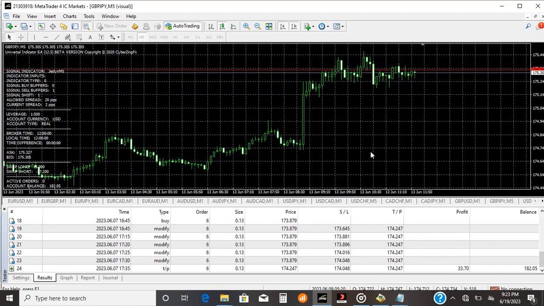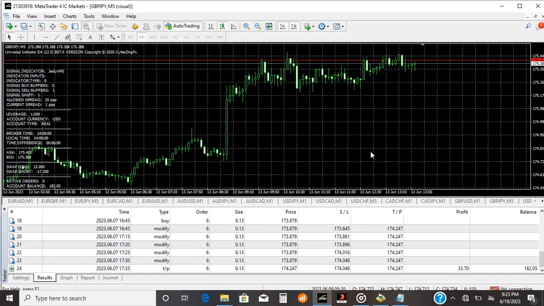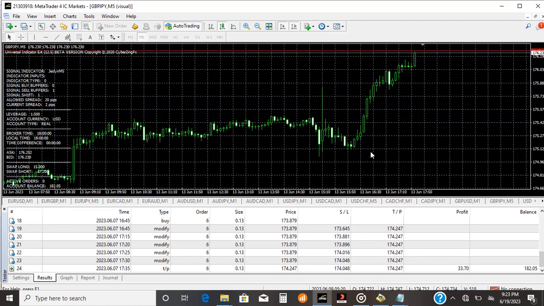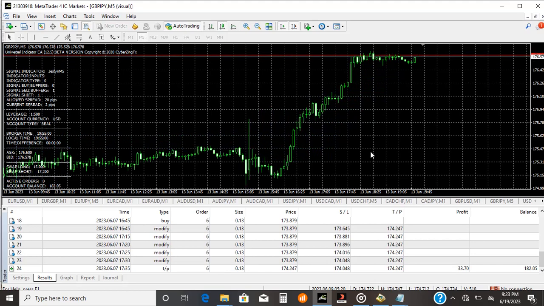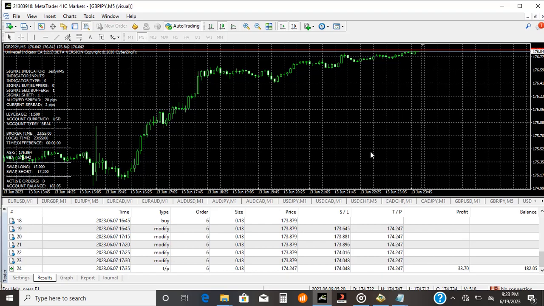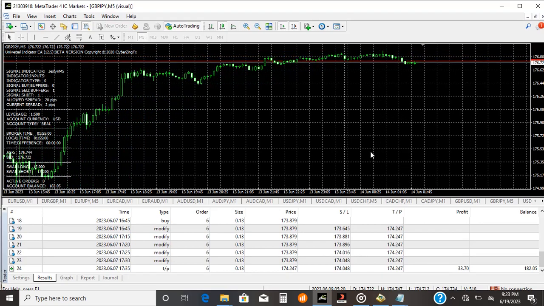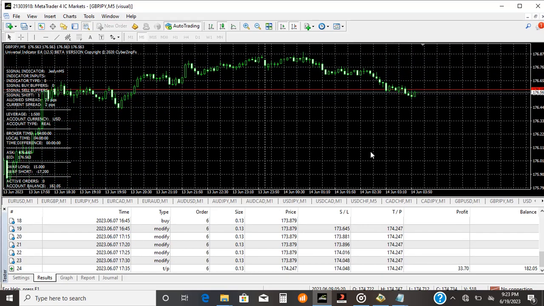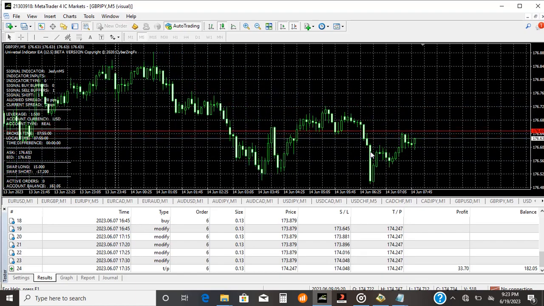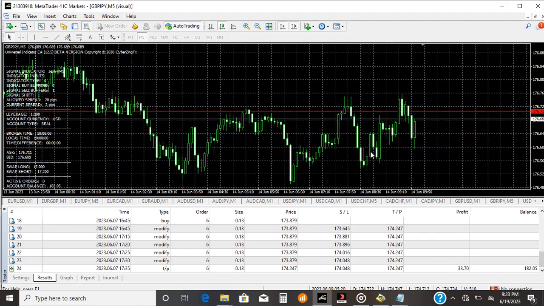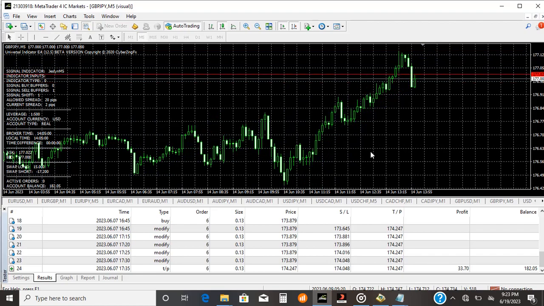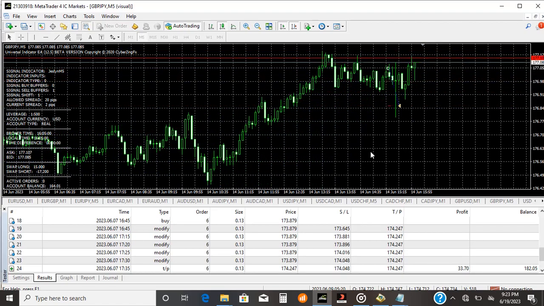Very important. So as you can see, the signals are rare, but it's logical. It all makes sense. It's not aggressive. It doesn't require you to have very huge capital.